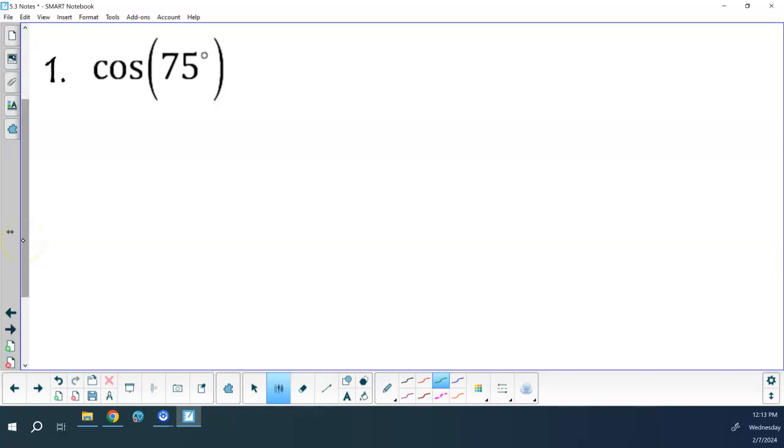Okay? So I need to know what 75 degrees is from two unit circle angles. So give me two unit circle angles that when combined give me 75 degrees, either with addition or with subtraction. 15 is not on the unit circle. 30 and 45.